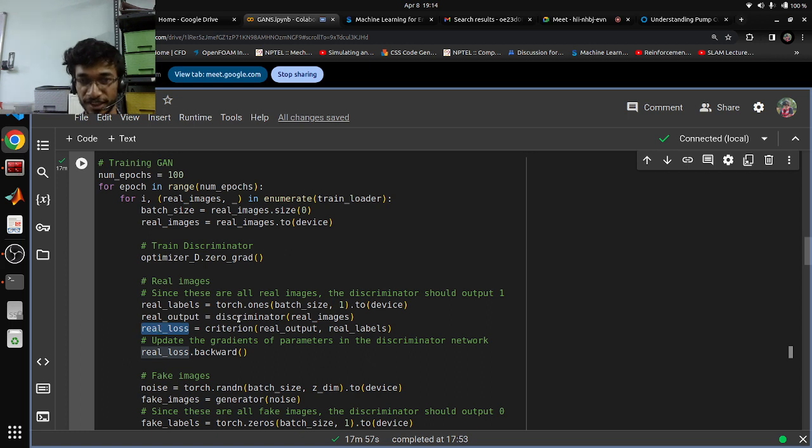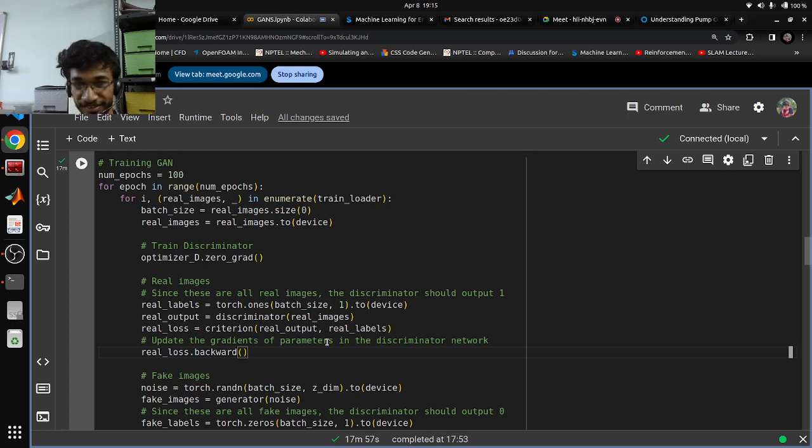The real loss is a function of the discriminator's parameters, and when I take the gradient with real loss dot backward, I'm going to update the gradients of the parameters in the discriminator network, as we saw in that autograd example with AG and BG.